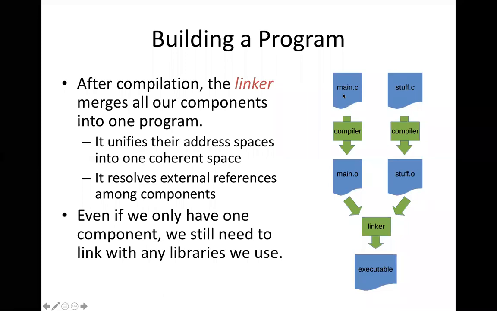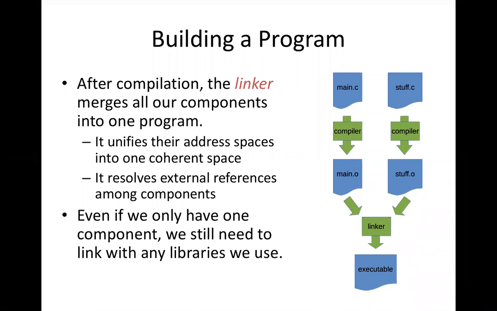It's got two pieces, main.c and stuff.c, and let's say main uses some things from the other component, from stuff.c. Let's say we want to be able to compile both of those separately and then link them together. We can do that. We just need to tell the compiler what steps we want it to run.